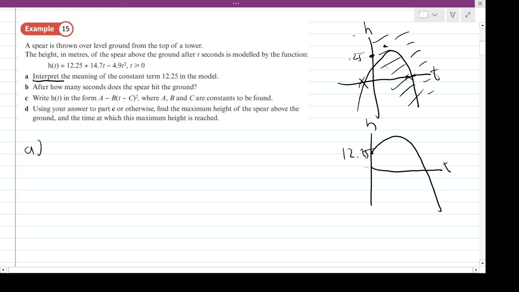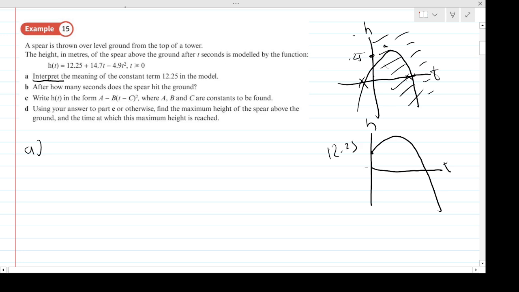So we need to work out what this number means in relation to this scenario of the spear being thrown from the tower. Well, again, 12.25, we already discussed this. It's the h-intercept, right, where it crosses the h-axis when t is 0. That's going to be a key idea: when t is 0, h is 12.25, right?